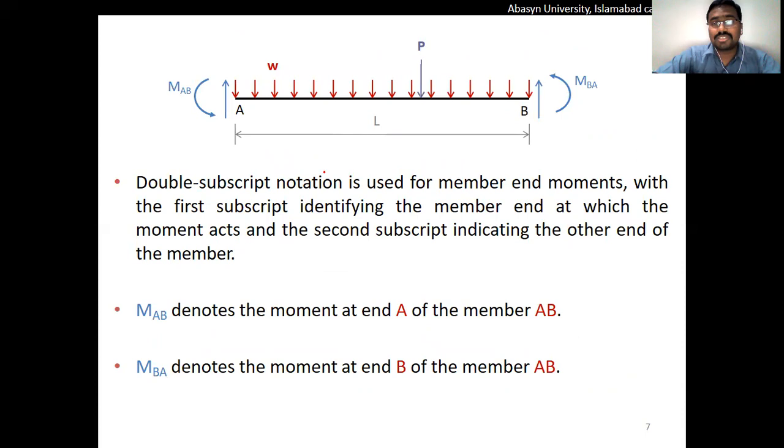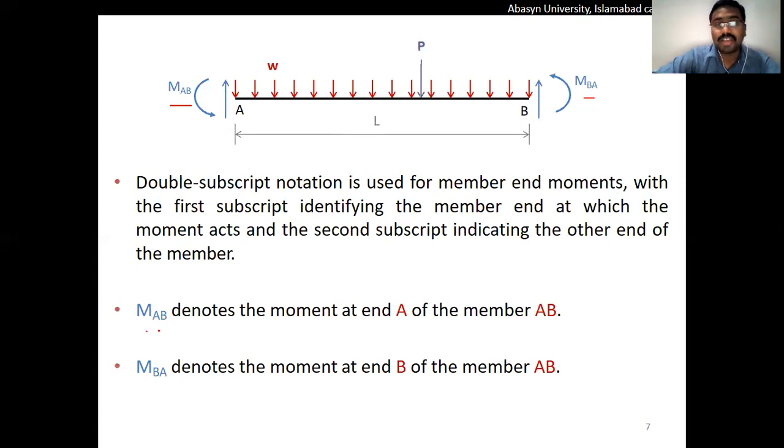Now, what do MAB and MBA represent? Basically, these are two moments, and the difference is that MAB indicates the moment at point A, generated in the member AB.